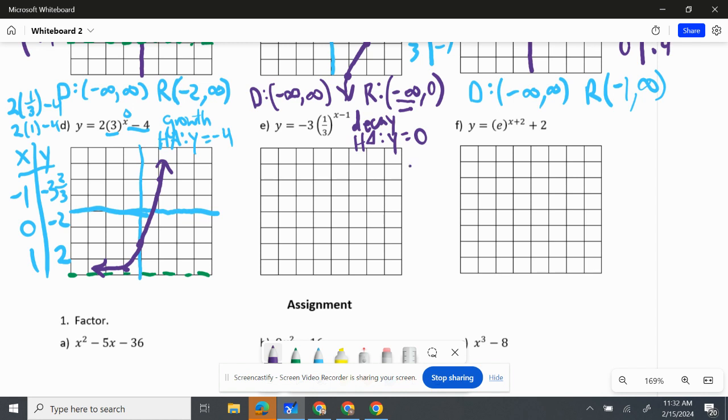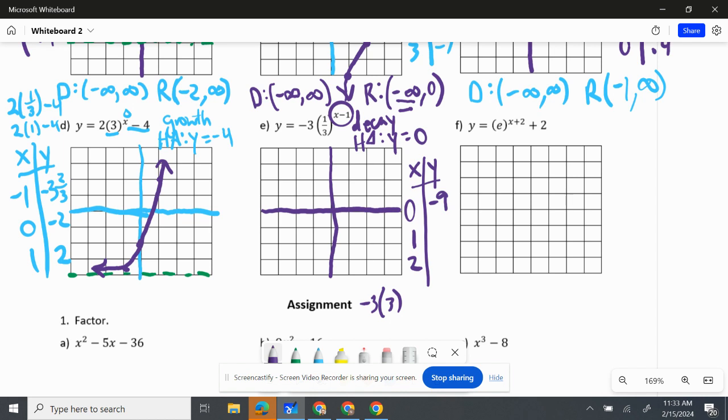When we're doing our table of values, we have 1 in the middle because that's our horizontal translation. Whatever gives us 0 is our middle number. Then we have 0 and 2. So when we plug in a 0, 0 minus 1 is -1, meaning we flip it. So that would be -3 times 3, which is -9.